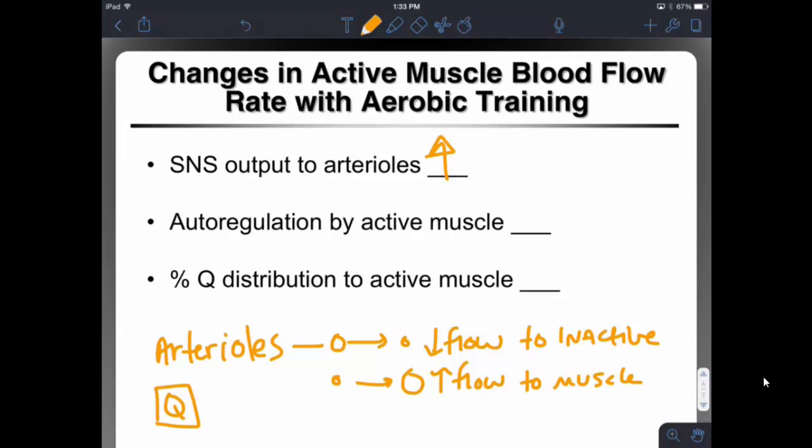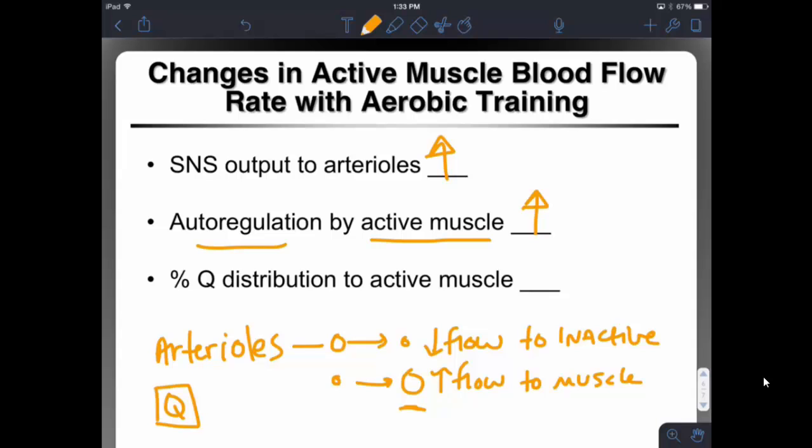Okay? But why is the muscle tissue dilating? Okay? So remember that all of the arterioles receive SNS. They all respond through vasoconstriction, but active muscles have the ability to override the SNS, override the vasoconstriction, autoregulate, cause their own vasodilation, and we see that this autoregulation is increased with training. Okay?